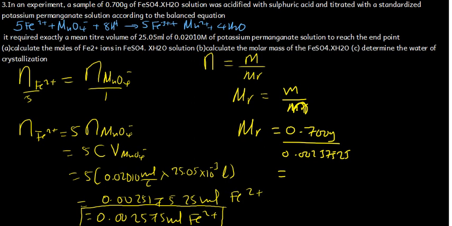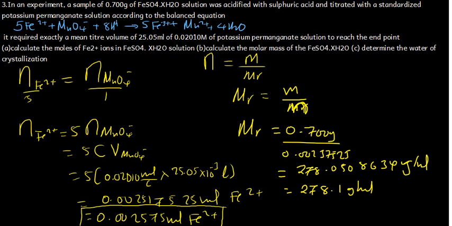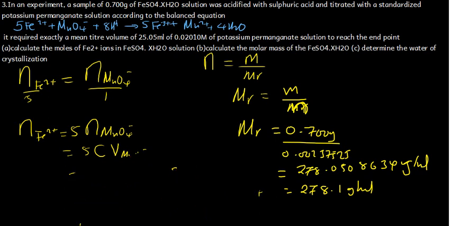The molar mass that I'm finding is 278.0508634 grams. Because this is molar mass, it is in grams per mole. To give the final answer, I can say 278.1 grams per mole.